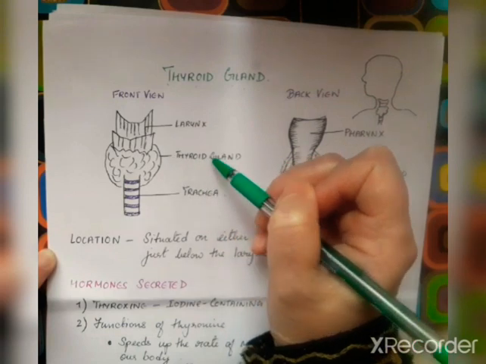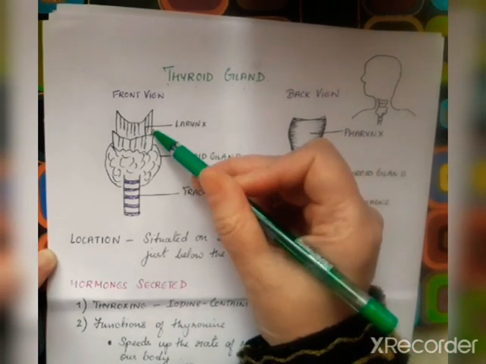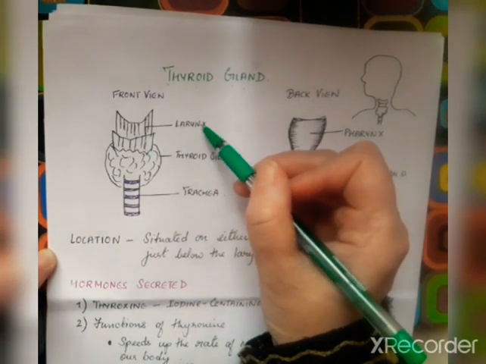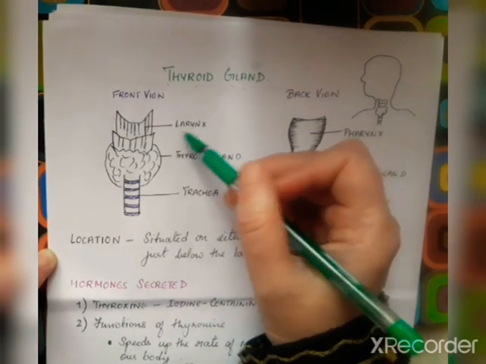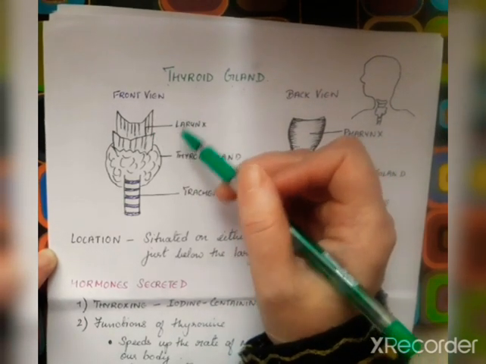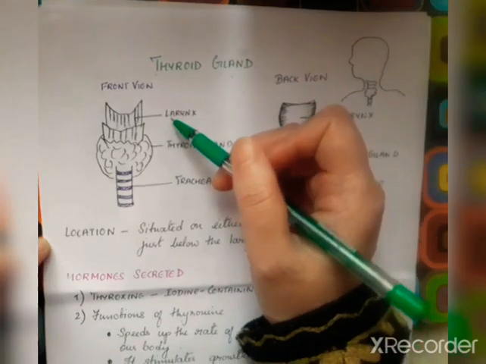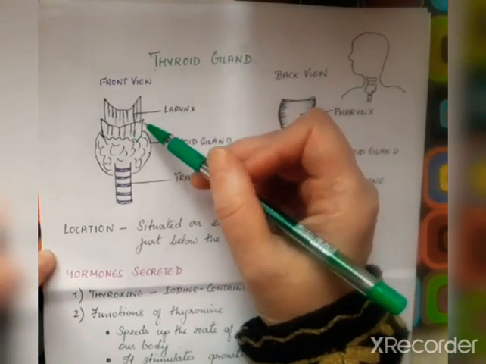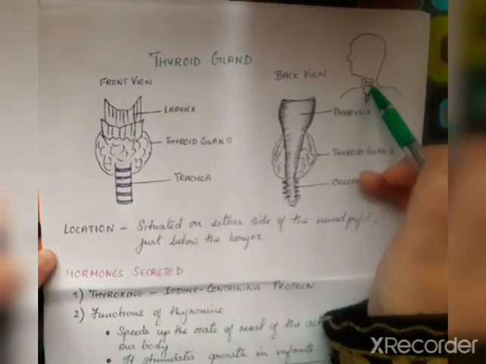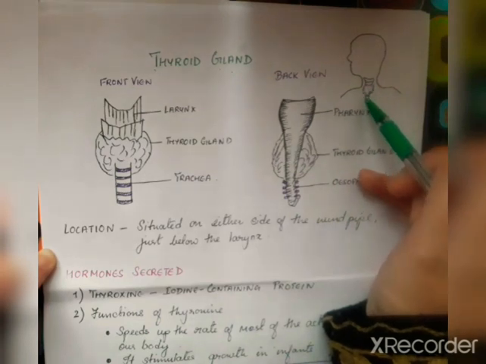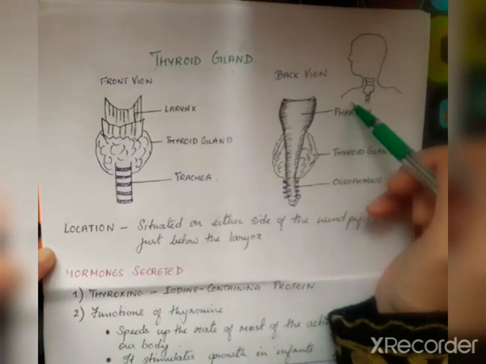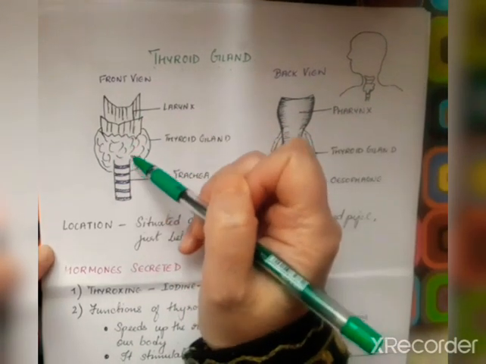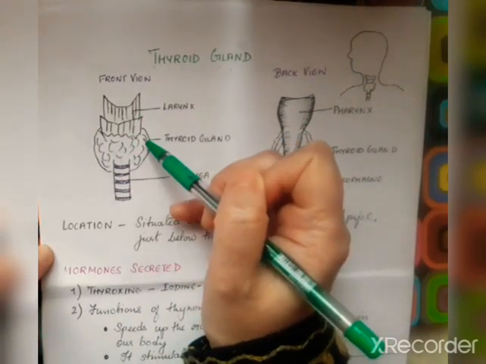This is known as the thyroid gland, just below the larynx. Larynx is the voice box, isn't it? The vibration of which produces sound. So here, just below the larynx, you have this thyroid gland, which is located on either side of the windpipe, which is known as trachea.